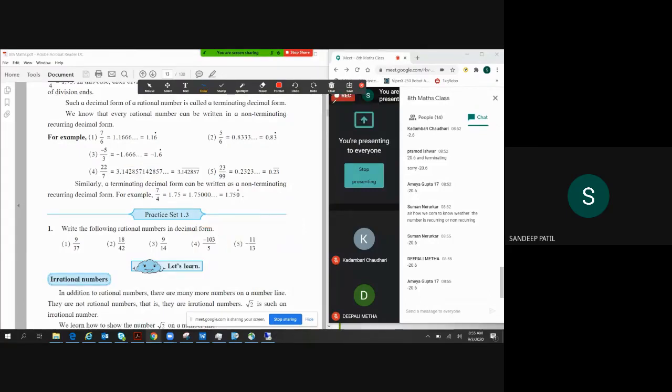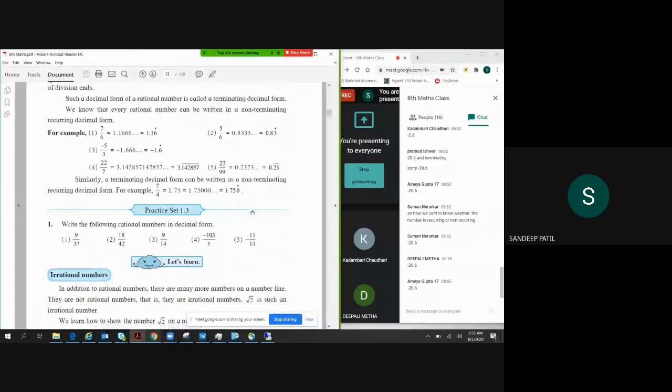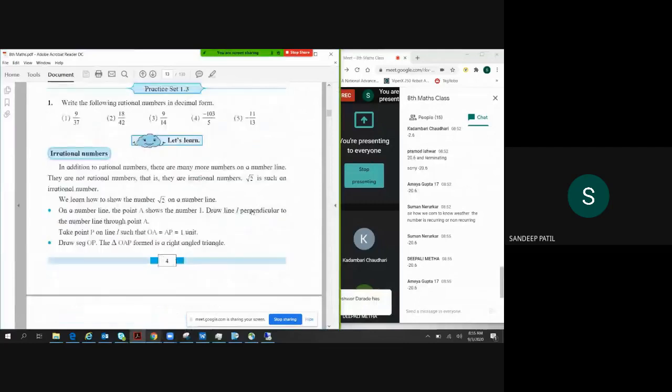Let's move to the next topic, that is irrational numbers. Till now we have seen rational numbers, which can be written in the format a by b, a divided by b. But there are some irrational numbers; those are not rational. We will study those types of numbers.